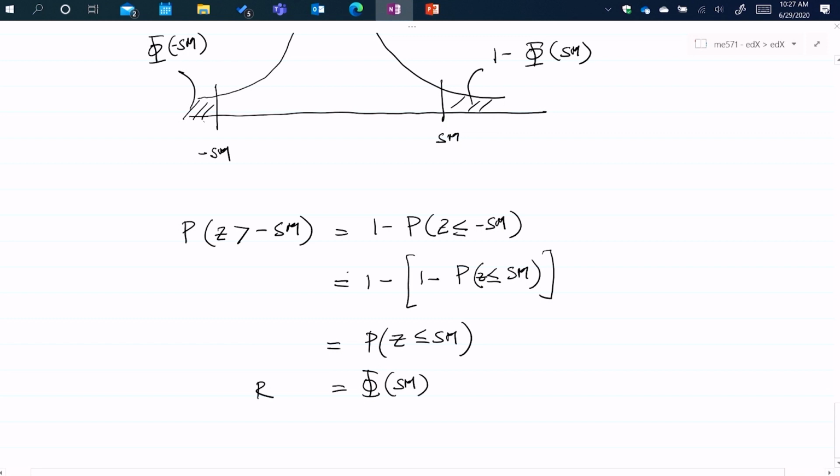So that's how reliability turns out to be the CDF corresponding to safety margin.